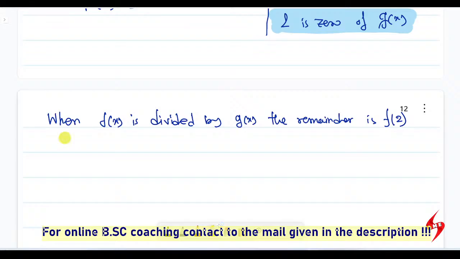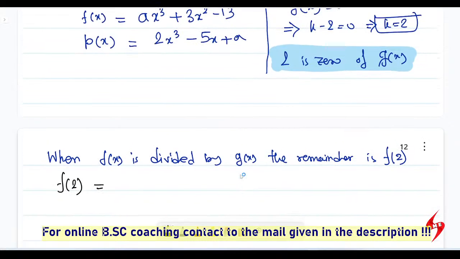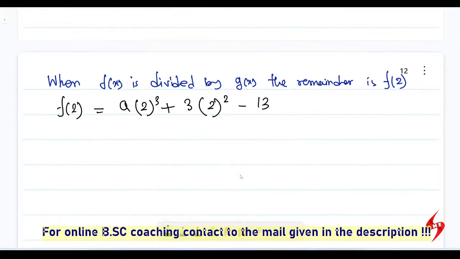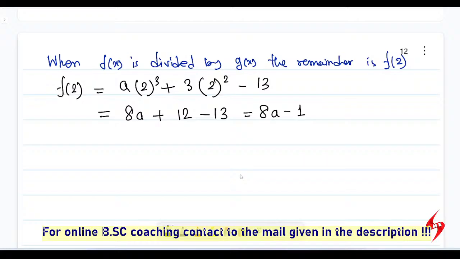So my f of 2 is, just put the value, a into 2 cubed plus 3 into 2 squared minus 30. That will be 8a plus 12 minus 30, which is 8a minus 18.